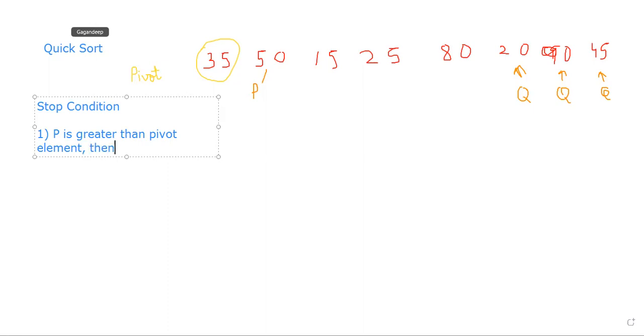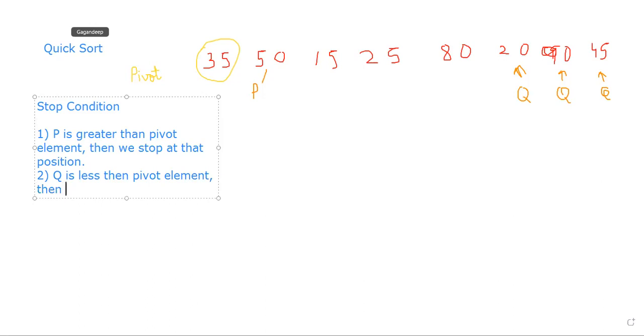We stop at that position. In the same way, if Q is less than the pivot element, then we stop at that position. Clear? The first points are clear to everyone.